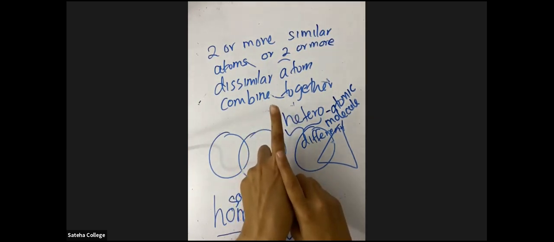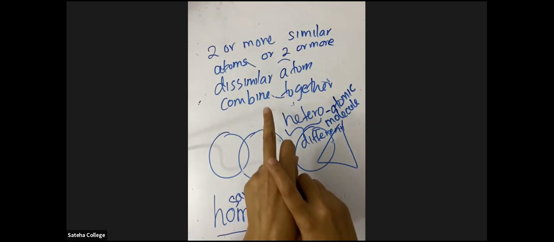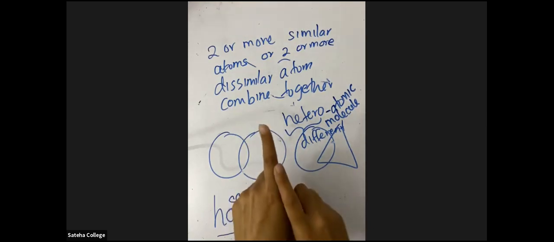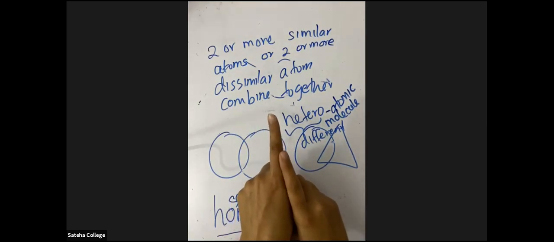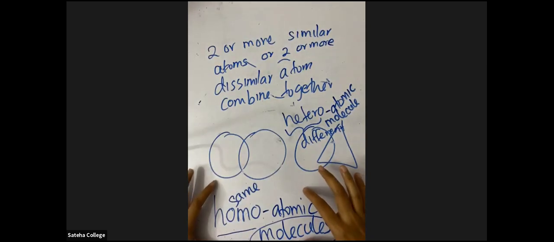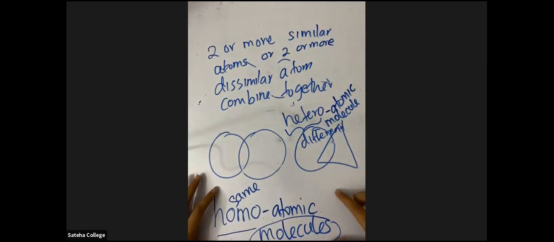Homoatomic molecule. And what's the other one? Heteroatomic molecule. What does the word homo stand for? Same. So what's the definition for homoatomic molecules? Molecules which are made by two or more same atoms.